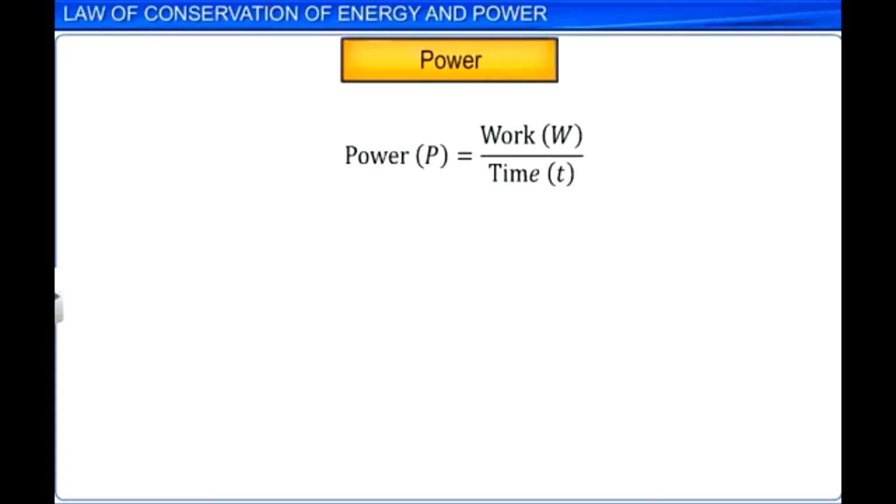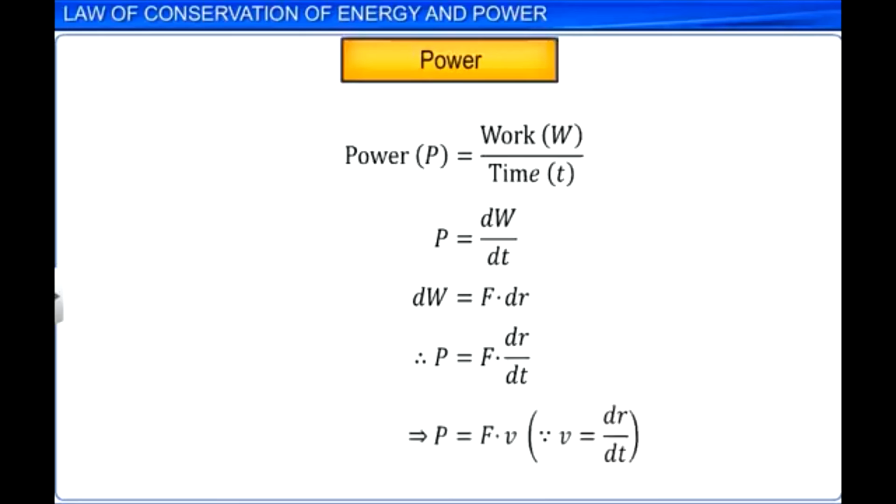Instantaneous power P is equal to dW by dt. But dW is equal to F dot dr, where dr is the displacement. Therefore, P is equal to F dot dr by dt, which is equal to F dot v, since dr by dt is equal to instantaneous velocity v.